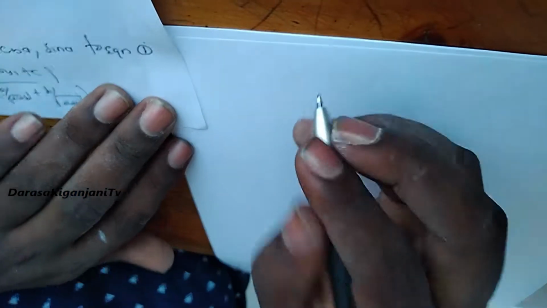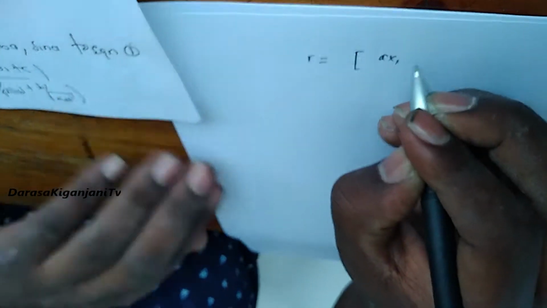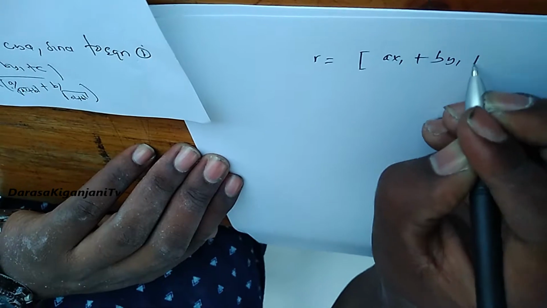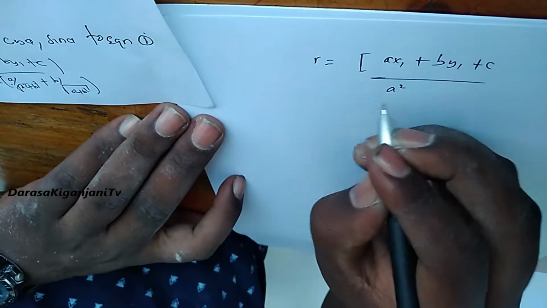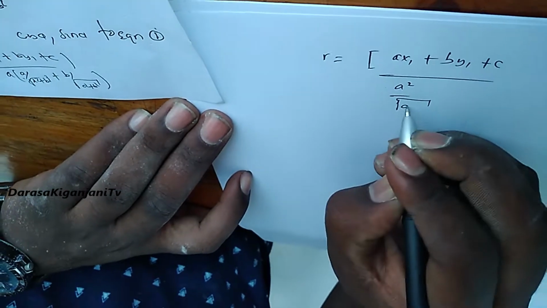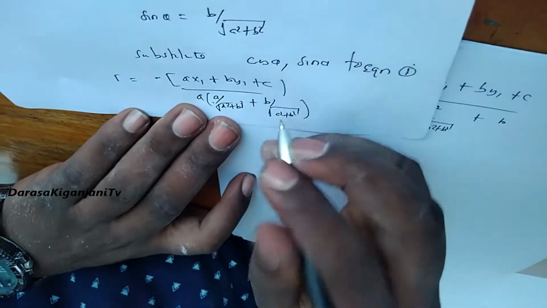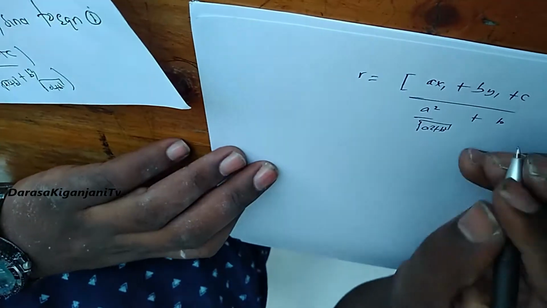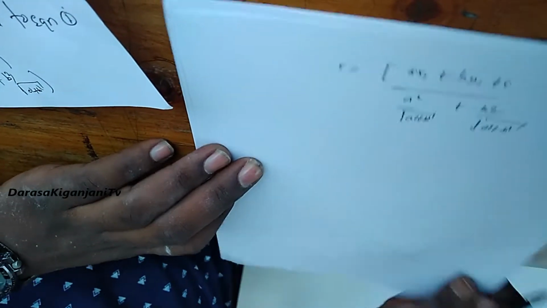How to simplify? Let us copy this one here so as we can further simplify it. So we have AX1 plus BY1 plus C over A times A, which is A square actually, over root of A square plus B square, plus B times B here, so it is B square over under root of A square plus B square.